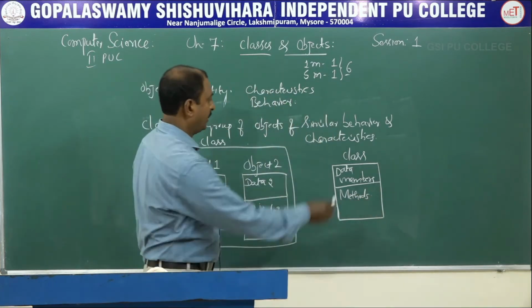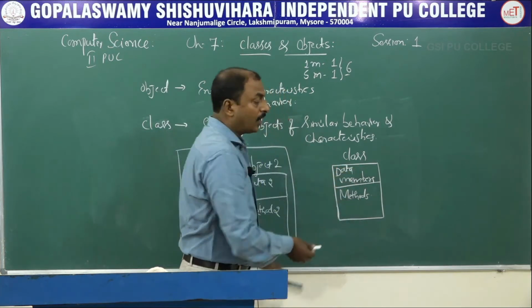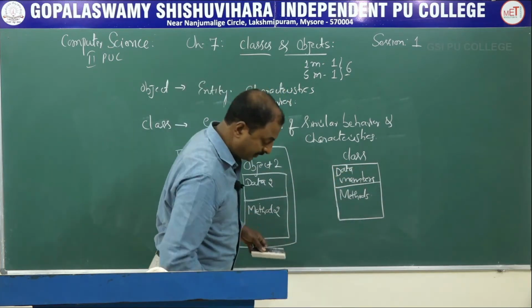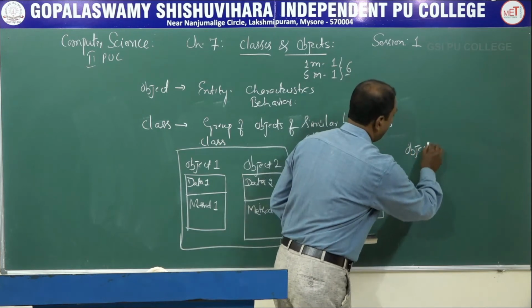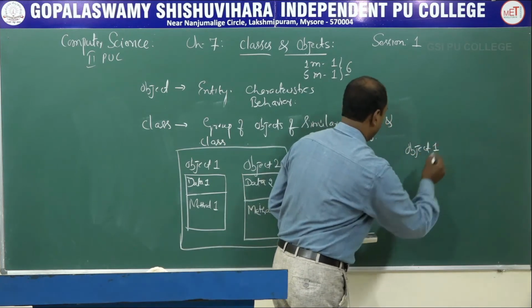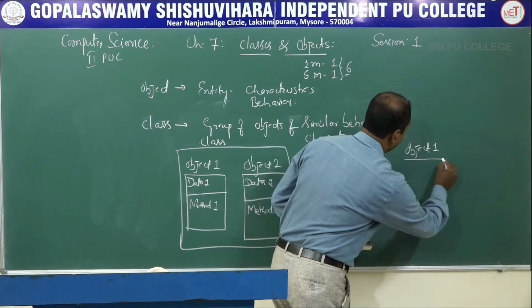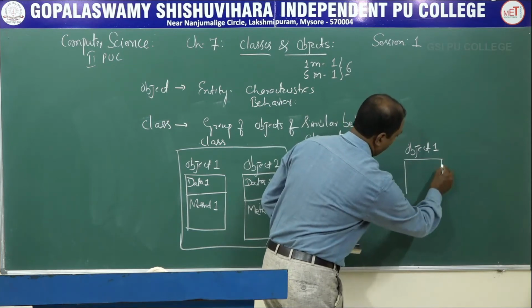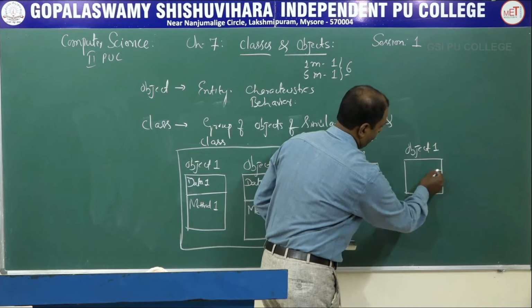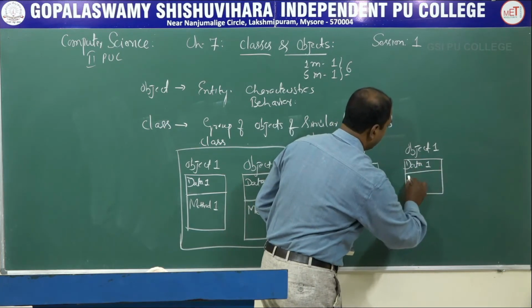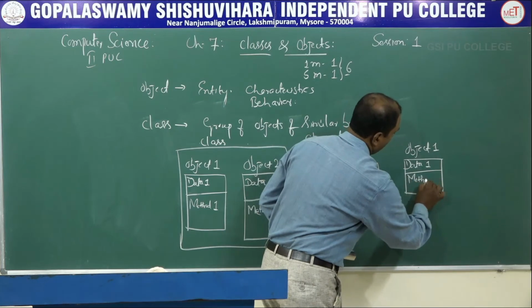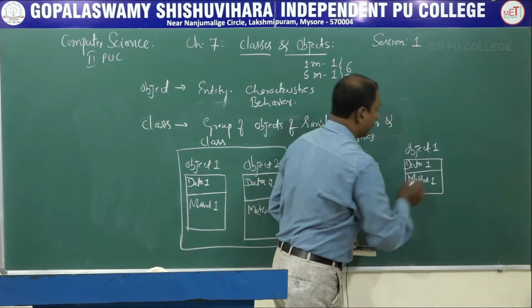This is a class. How do we represent objects? It has different objects. Say object 1. In object 1, there is data 1 and method 1.